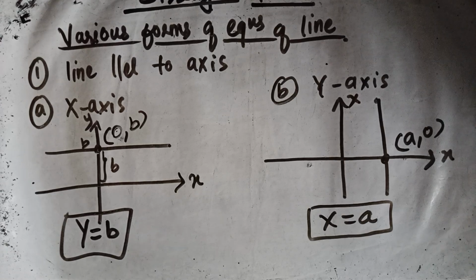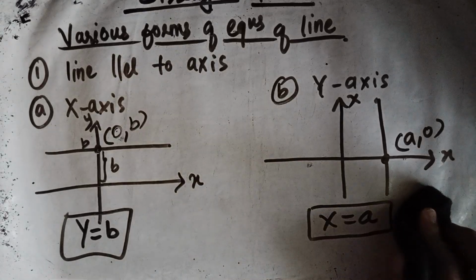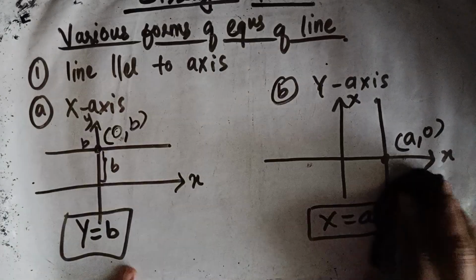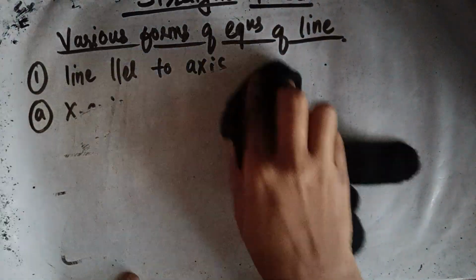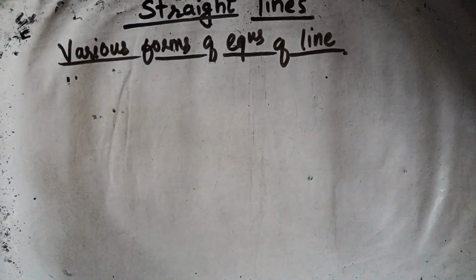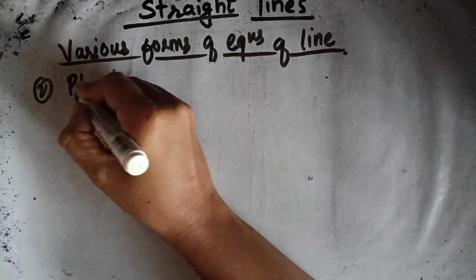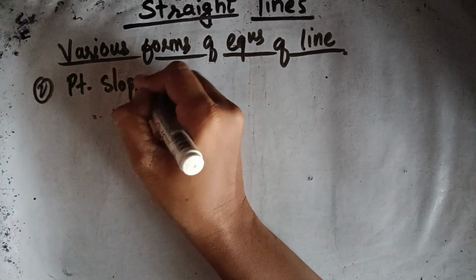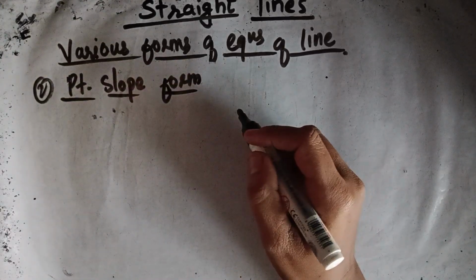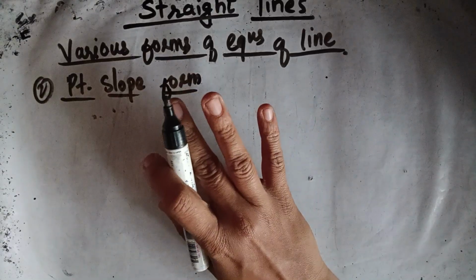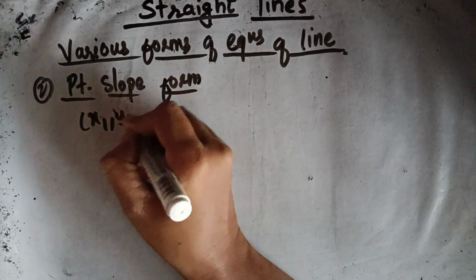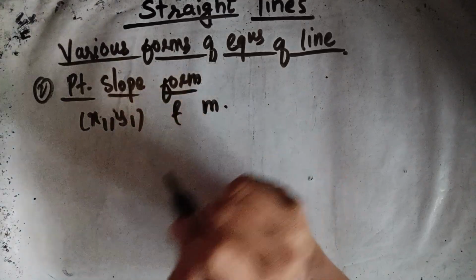Next is the point slope form, or slope point form. So we need a point and a slope. Suppose we have a point x1, y1 and slope as m.